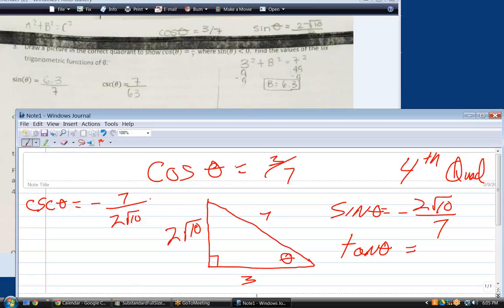In other words, I need to multiply this by root 10 over root 10, and what I end up with in the top is 7 root 10, and in the bottom is 2 times 10, 20. Okay. And it's still negative, so this would be the proper radical answer.